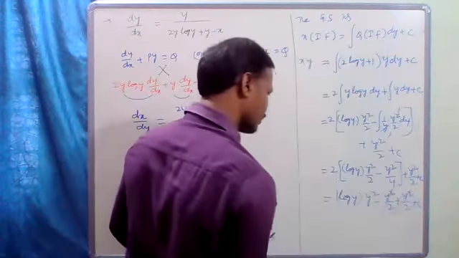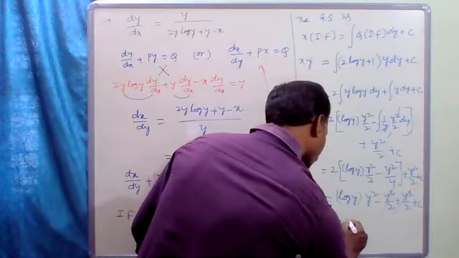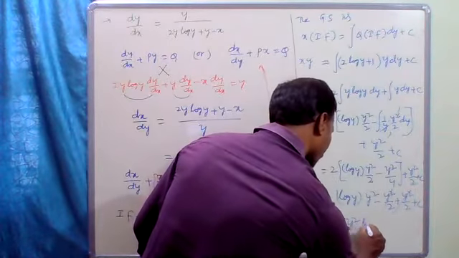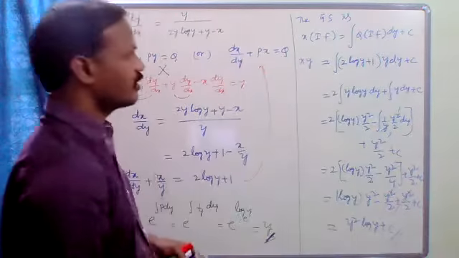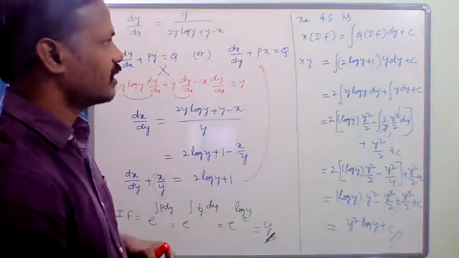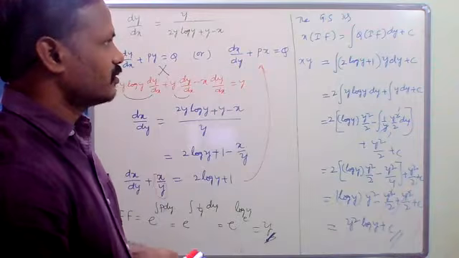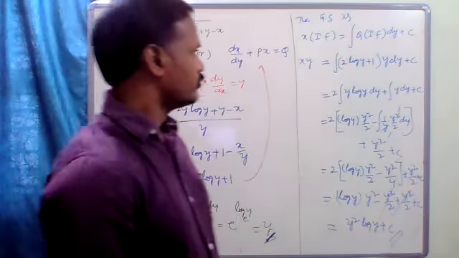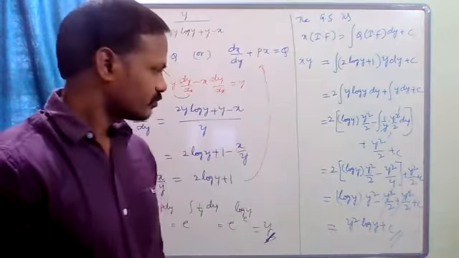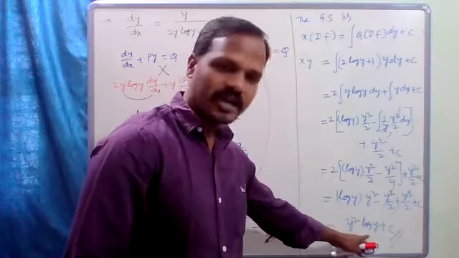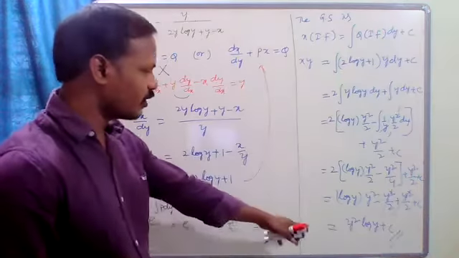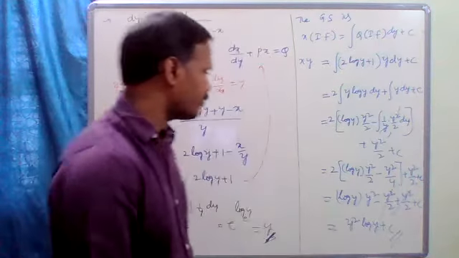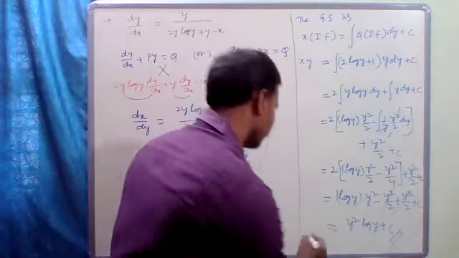So this will be cancelled, and this is equal to y square log y plus c. So xy equals y square log y plus c. That is the solution.